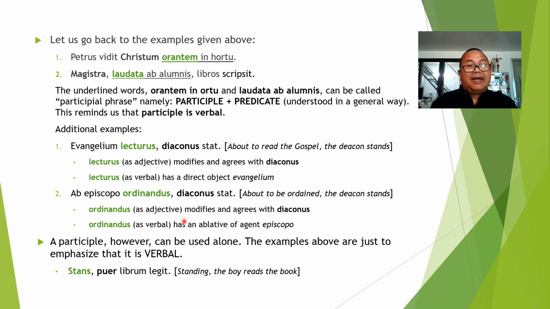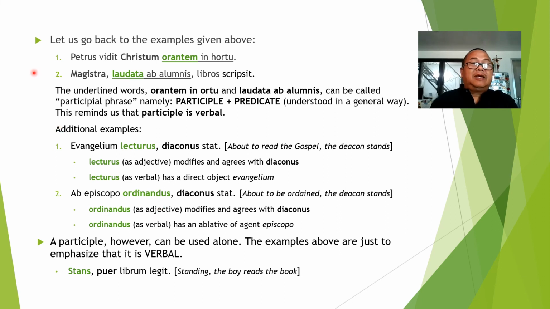But at the same time, as a verbal, ordinandus has an ablative of agent, episcopo: ordained by the bishop. So that shows that the participle is a verbal.